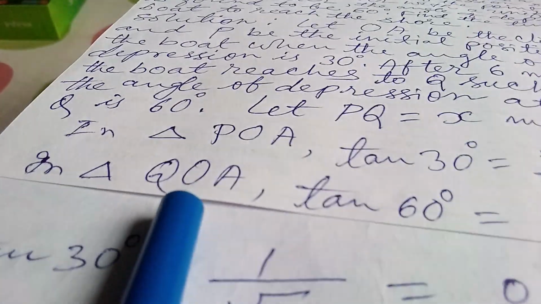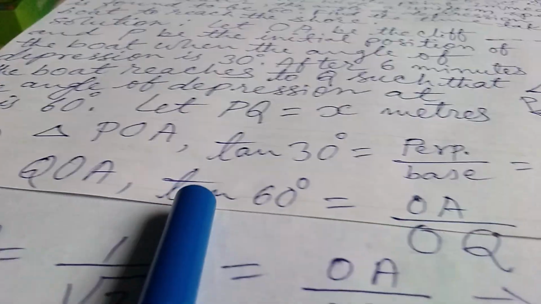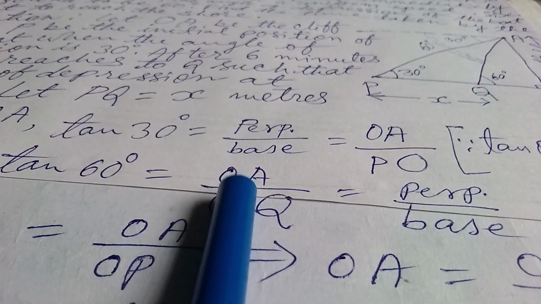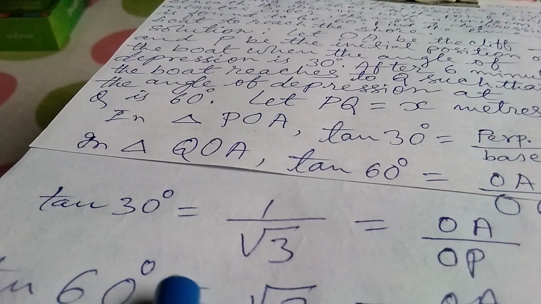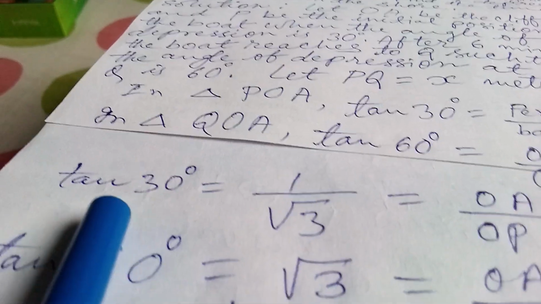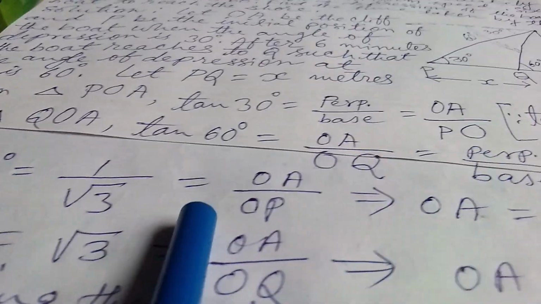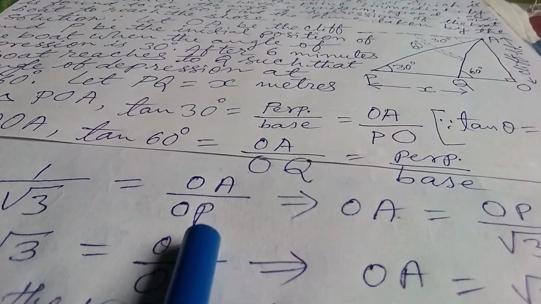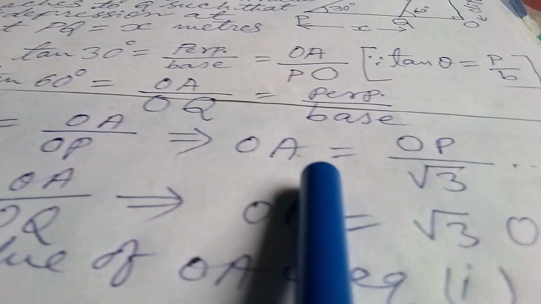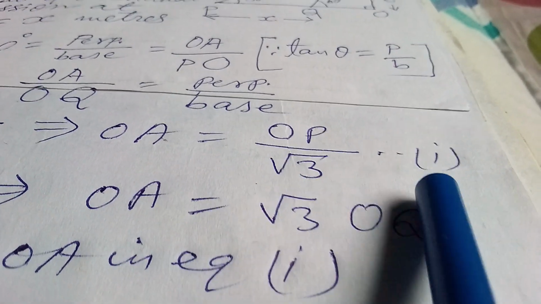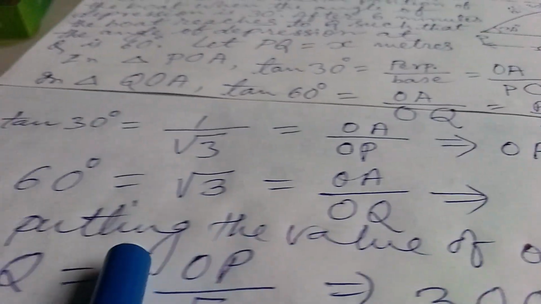And in triangle QOA, tan 60 degrees equals OA by OQ, that is perpendicular by base. So from triangle POA we find tan 30 degrees equals 1 by root 3, that is equal to OA by OP. And by cross multiplication we get OA equals OP by root 3. This is the first equation.